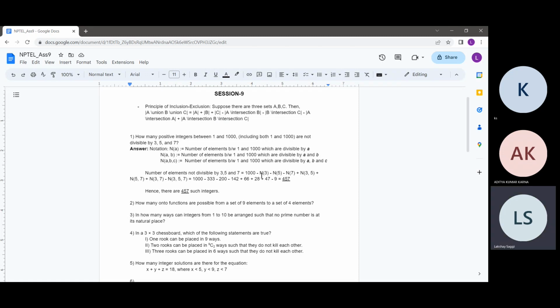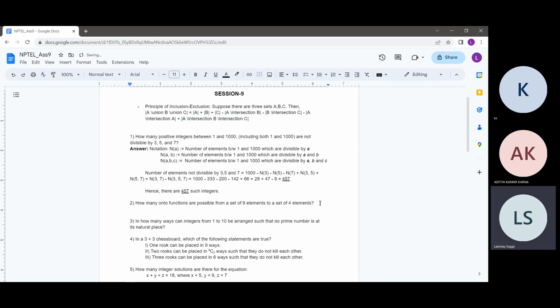This can be seen as a formula, but it can also be seen intuitively. While adding this, I have added this extra, this extra, this extra, and while subtracting this extra, I subtracted this much extra. So I hope it's clear.